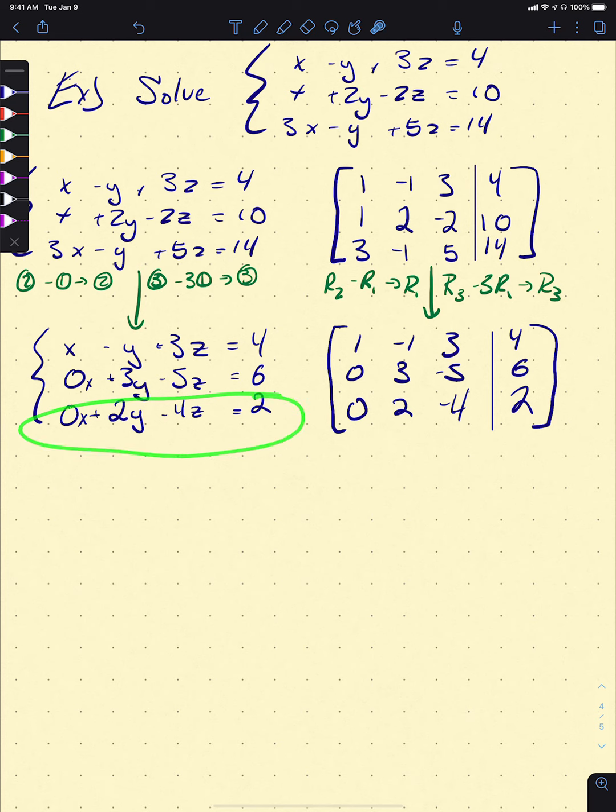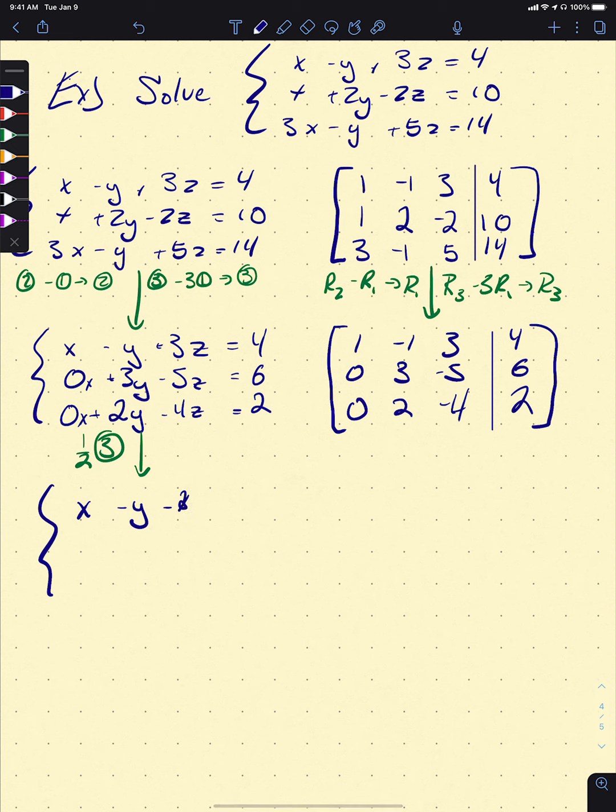Instead, why don't we turn our attention to this equation, which has all of our coefficients divisible by 2. Let's generate our next one in this series with, say, 1/2 times equation 3. Our first two equations are not changing, so I'll copy those down.